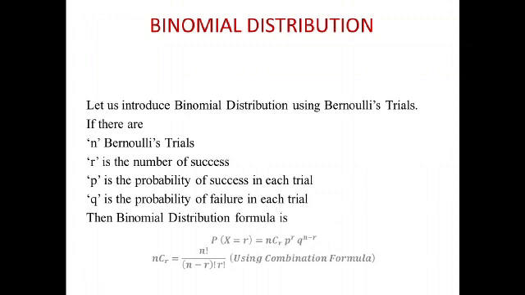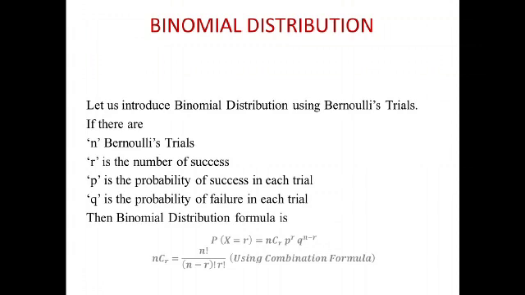We have studied the combination formula in the earlier classes. Let's recall the formula. nCr is equal to n factorial upon n minus r factorial into r factorial. So what's the meaning of factorial? If you remember, 1 factorial is 1, 2 factorial is 1 into 2, 3 factorial is 1 into 2 into 3.